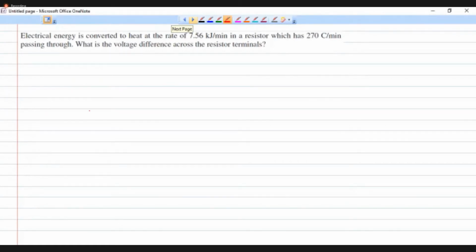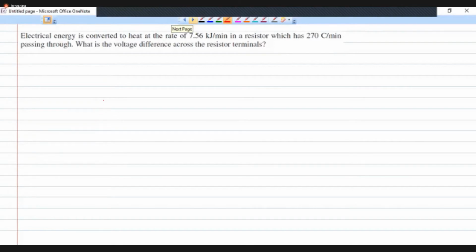So we can cross multiply that, right? So we have the relationship P is equal to V into I, or we can write V is equal to P by I.